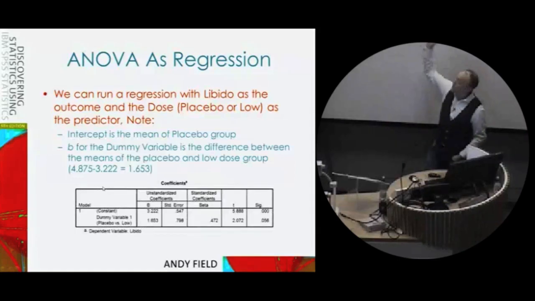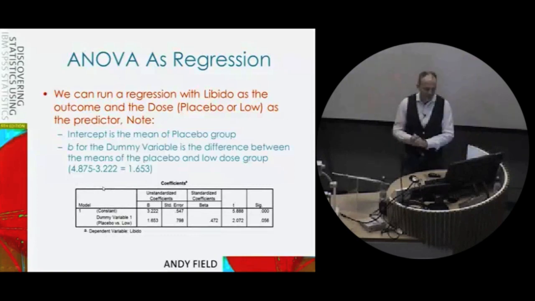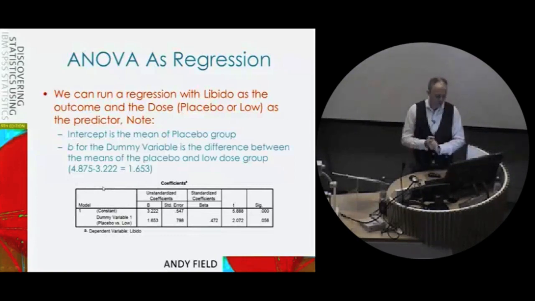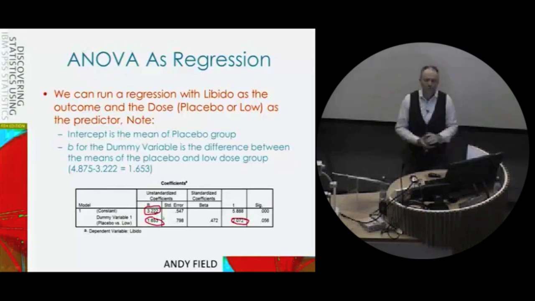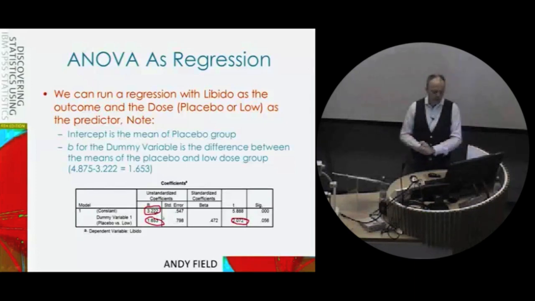When I ran the analysis in SPSS, that's just the output that I got from the regression. So the t-test is the same value as the t-test if you ran it through the t-test menus. This is the difference between the two group means. This is the value of the mean of the control group, the 0 coded group.